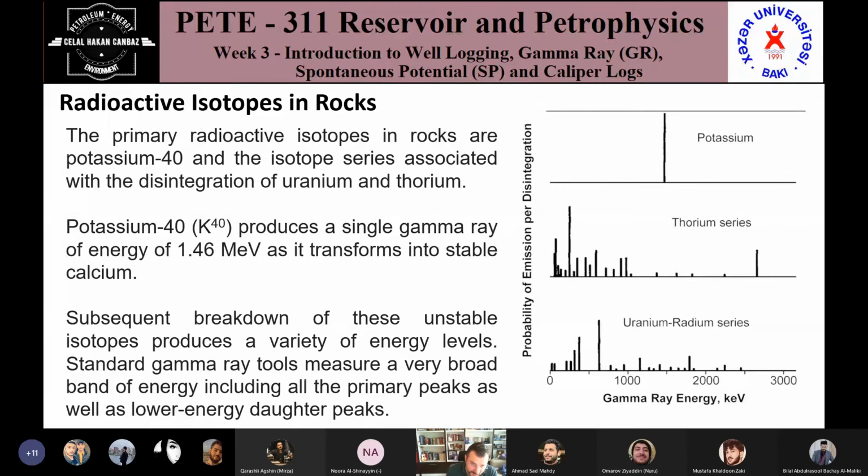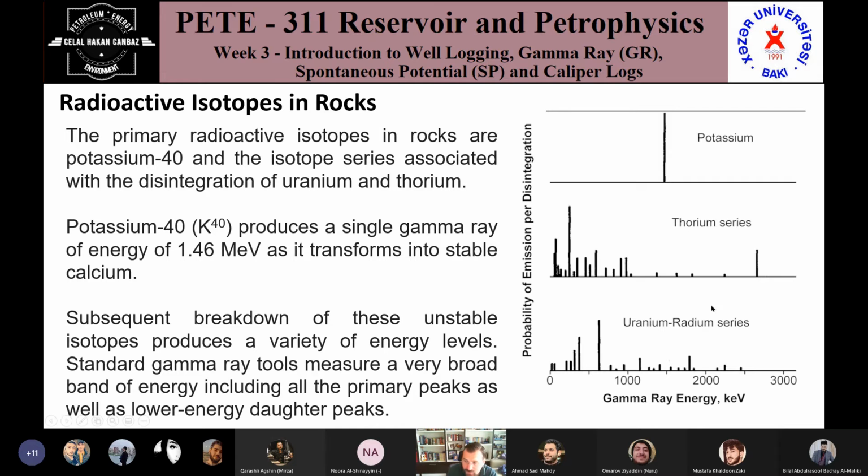The primary radioactive isotopes in the rock are potassium-40 and the isotope series associated with the disintegration of uranium and thorium. In the figure, you see the equilibrium distribution of energy levels associated with each of these groups. These spectrums show the energy levels associated with potassium in the first one, then thorium and uranium radium.